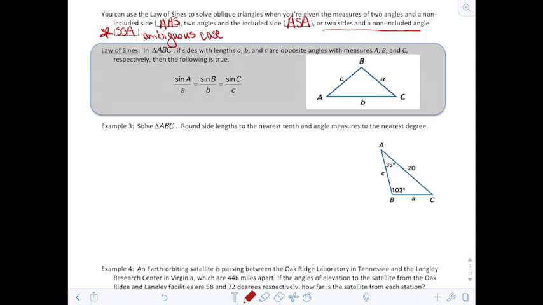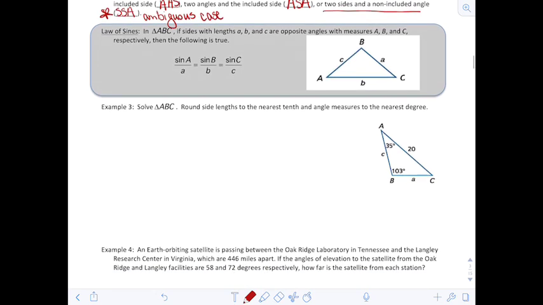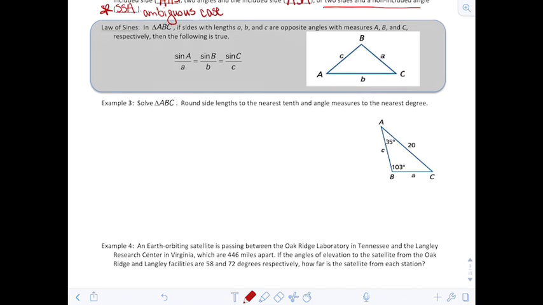Okay, so here's what the law of sines says. It's really just proportions. If you have a triangle with side lengths A, B, and C and the angles A, B, and C, then we have sine A over side A equals sine B over side B, and sine of C over side C. So we're going to solve triangle number 3, in example 3, triangle ABC, rounding side lengths to the nearest tenth and angle measures to the nearest degree.